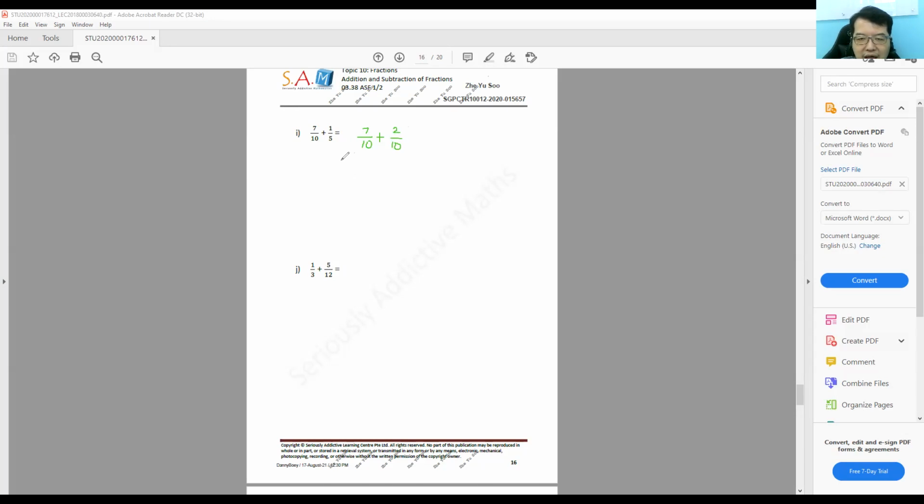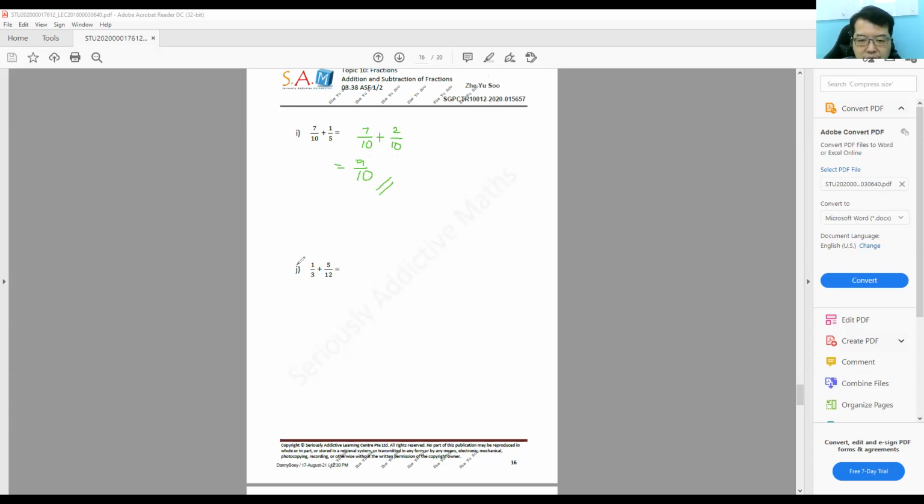So 7 out of 10 plus 2 out of 10 equals 9 out of 10. Is this in its simplest form? Yes. So that 9 out of 10 is the correct answer.